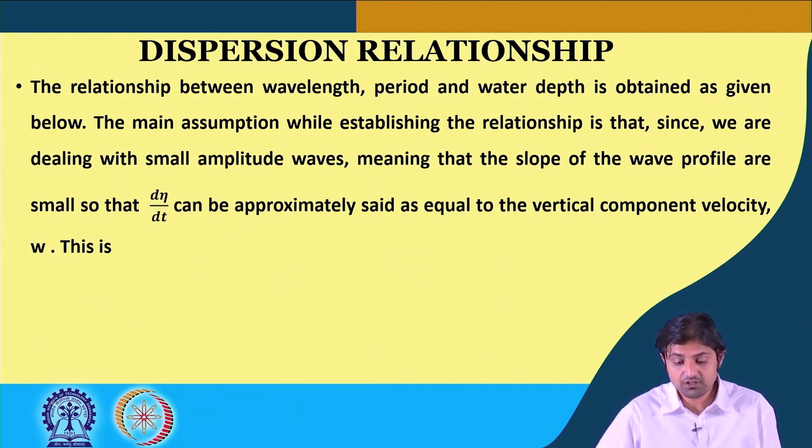The main assumption while establishing the relationship is that since we are dealing with small amplitude waves, meaning that the slopes of the wave profile are so small, d eta by dt can be approximately said to be equal to the vertical component of the velocity w. All right.